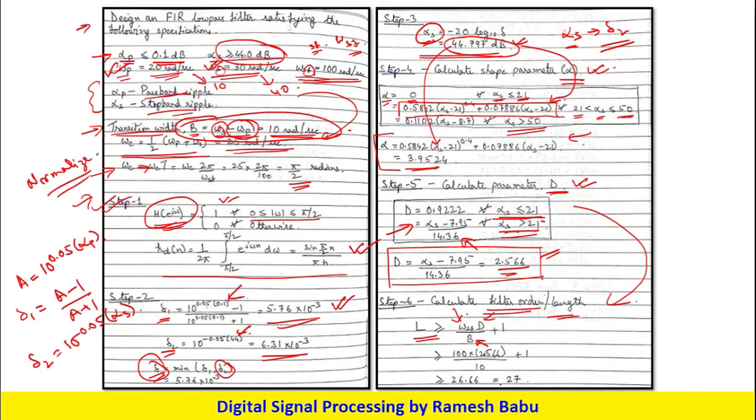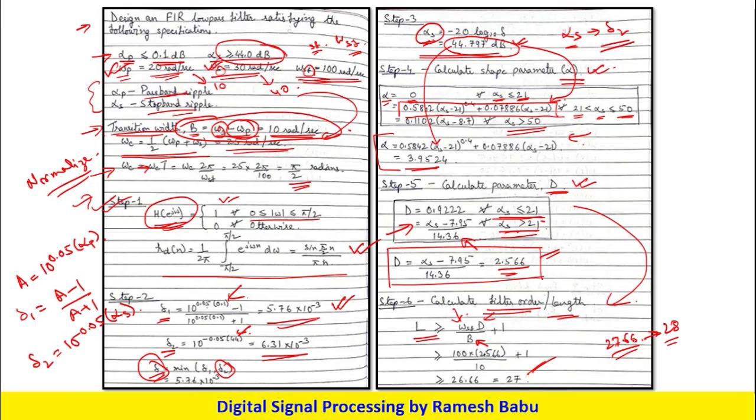So you calculate, and it is 26.66. So it is greater than or equal to, so always take the next integer, 27. Suppose it is 27.66, we can take it as 28, no doubt.